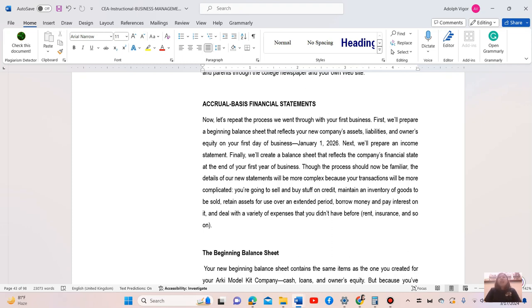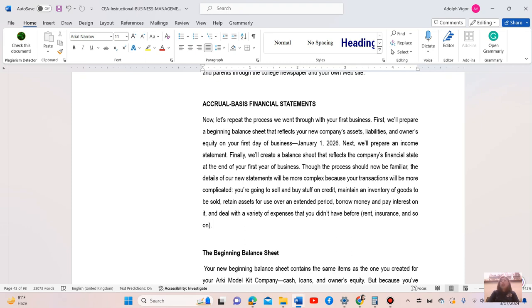Anyway, next, we'll prepare an income statement. Then finally, we'll create a balance sheet that reflects the company's financial state at the end of your first year of business. Though the process should now be familiar, the details of our new statements will be more complex because your transactions will be more complicated.